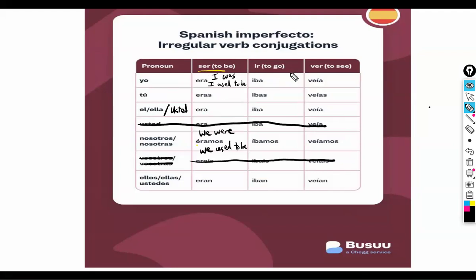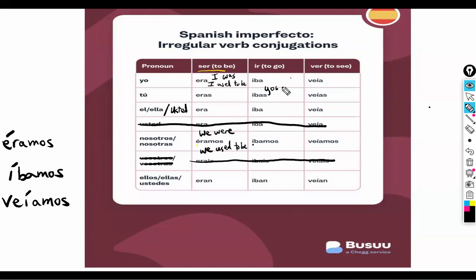And then we have ir, to go. So iba, ibas, iba, íbamos, accent on the I, iban, right? So remember it's éramos with an accent, íbamos with an accent, and veíamos. All right, so how do we translate this?